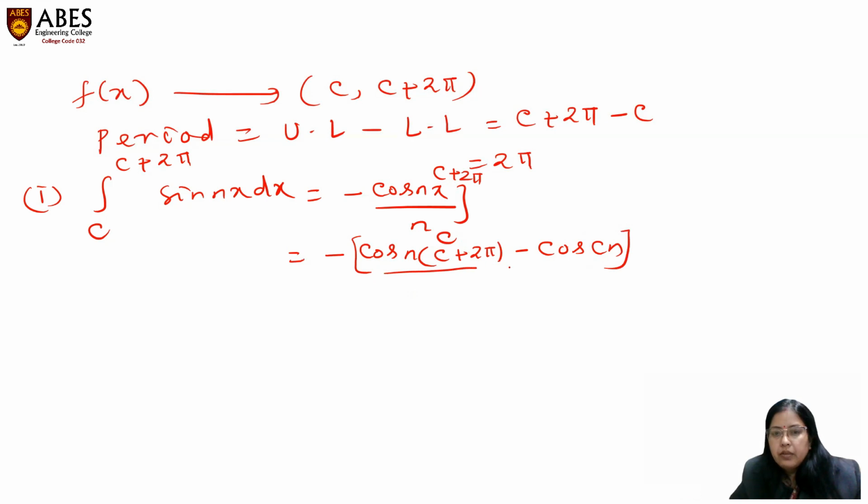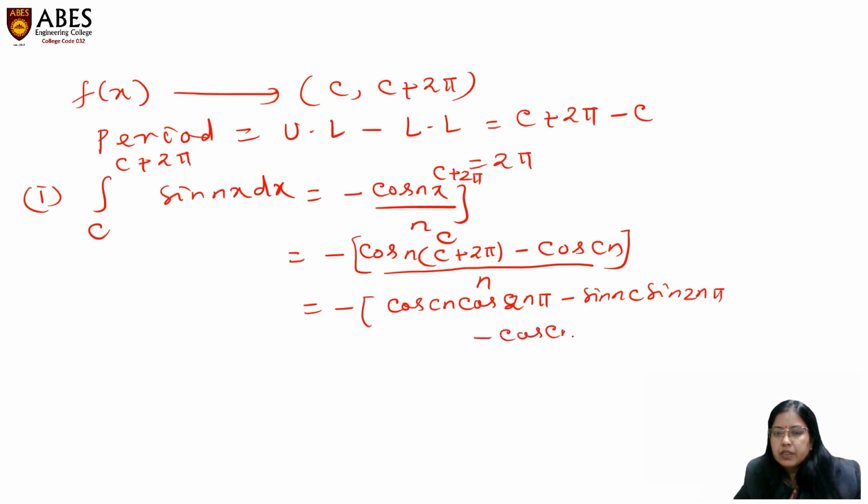Then using cos(A plus B) is cos A cos B minus sin A sin B, we can write this as minus of cos C n cos 2n pi minus sin nC sin 2n pi minus of cos Cn, right?